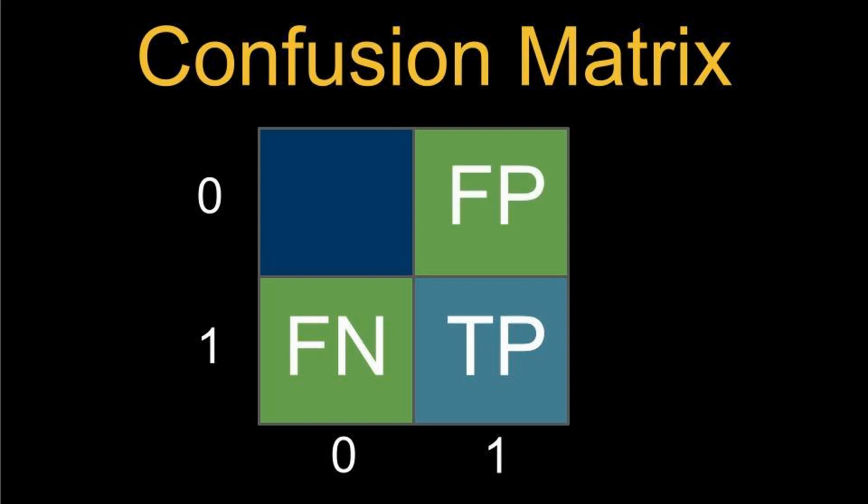The upper right quadrant is responsible for the false positive results. That is, we predicted that the passenger will survive, but in reality the passenger didn't survive. And finally, the upper left quadrant, true negative results. That is, the model predicted that the passenger will not survive, and indeed they didn't make it.